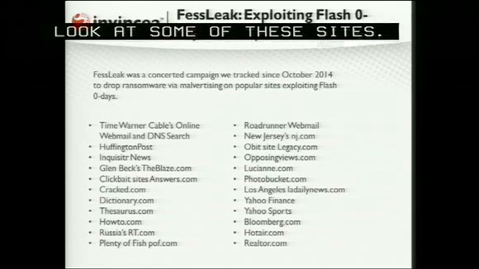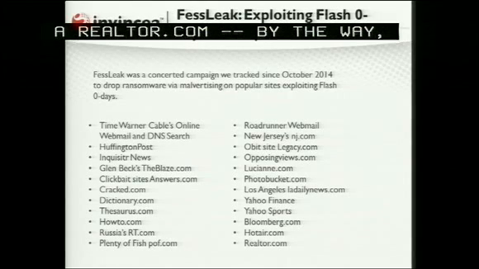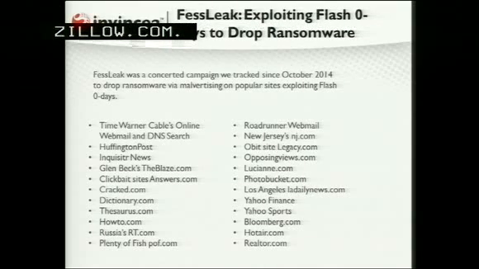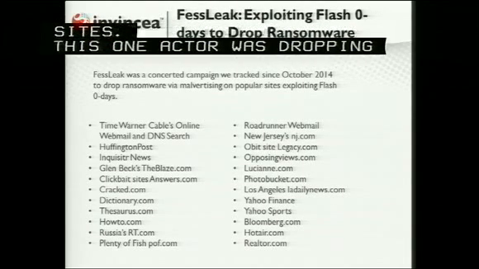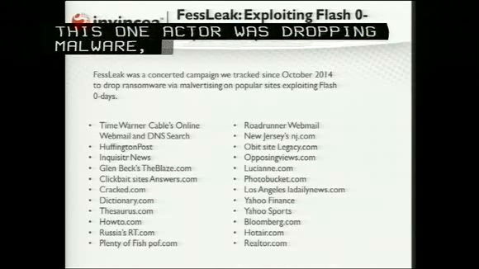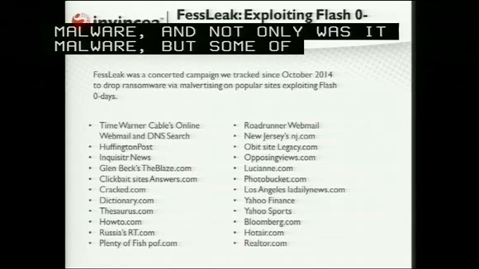Oh, by the way, Zillow.com, Kayak.com, right? Basically, on the major traffic sites, this one actor was dropping malware. And not only was it malware, some of these were called 0 days. 0 days are previously unknown vulnerabilities in Adobe, in this case, Adobe Flash.